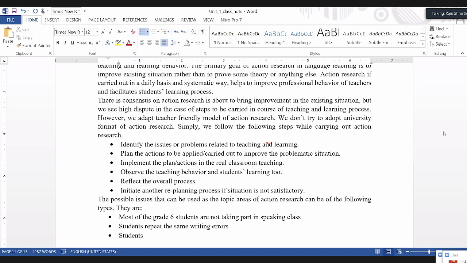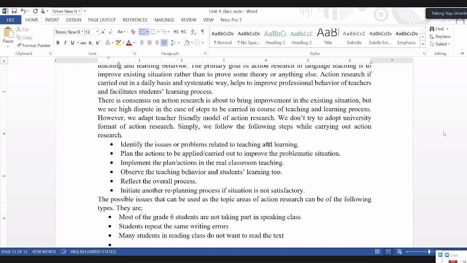Many students in reading class do not want to read the text.